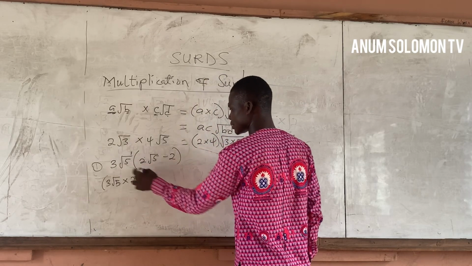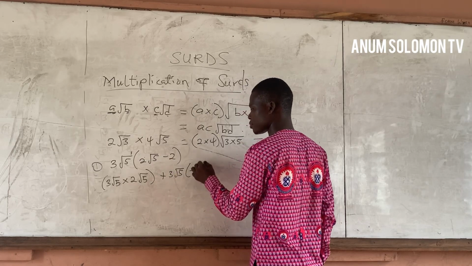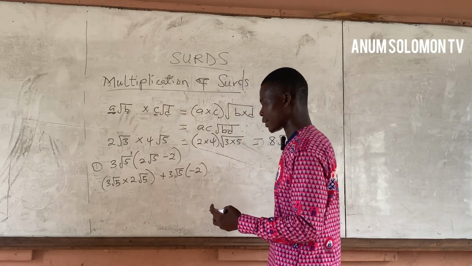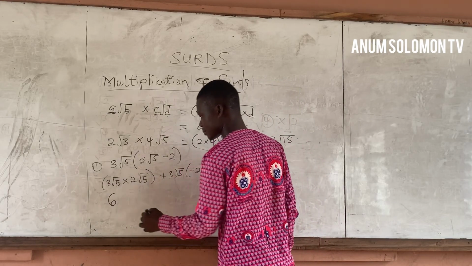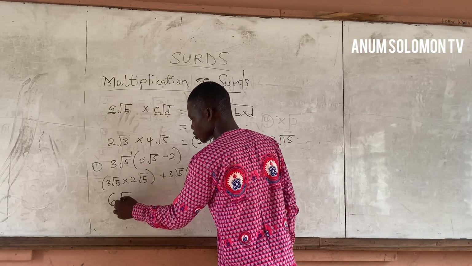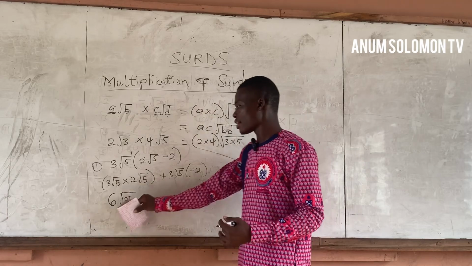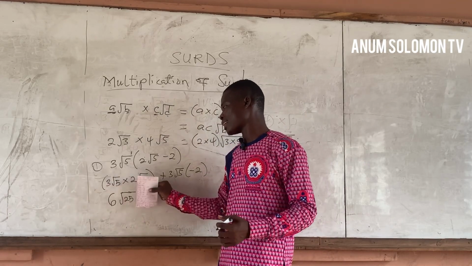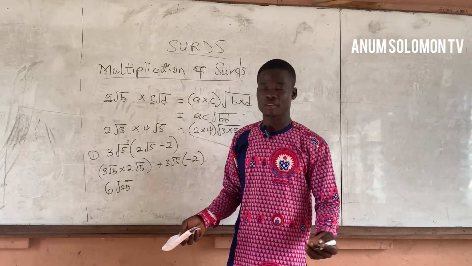And the same thing, plus 3 root 5 times negative what? 2. It's like this one. So 3 times 2 is what? 6. Root 5 by root 5 is what? Root of 25. Or here, since the numbers under the radicals are the same, root 5 times root 5 is 5.